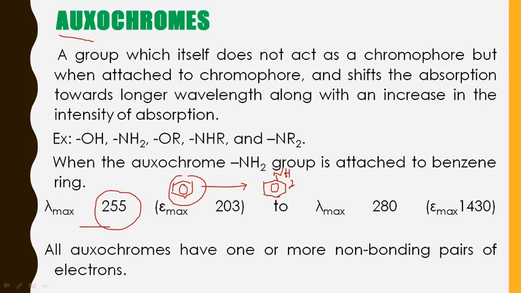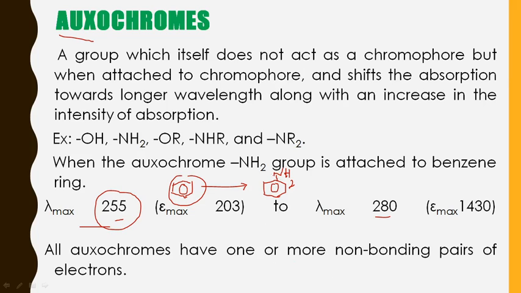Generally, amines give lambda max at 280 nanometers. So 255 to 280 means there is an increase in the lambda max to a longer region. As we know, all the auxochromes have one or more non-bonding pairs of electrons.